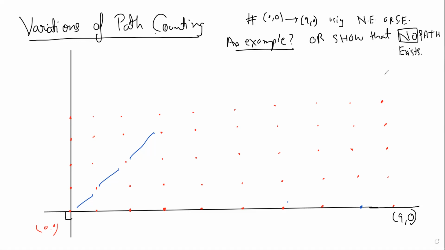Hmm? Is it? You have to tell me. I don't know if you can find an example, or if it's zero, then why do you think it is zero? Okay, so now everyone is tending to zero. Okay, what do you think? Do you think there should be a path, or that there is no path?